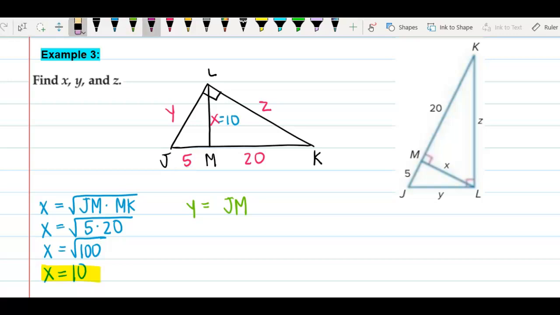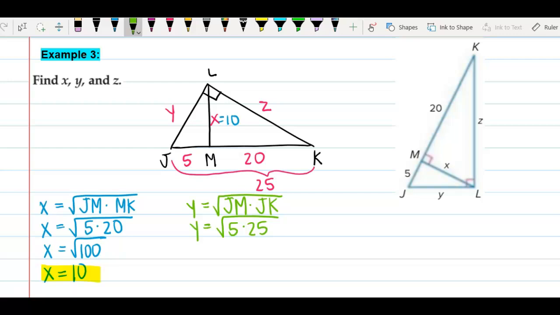If I wanted the entire base from J all the way to K, remember I would add these two pieces together. So 5 plus 20 is 25. So I take the piece closer to Y, which was 5, times the whole base, which was JK, and I take the square root. So JM was 5, JK was 25, square root.